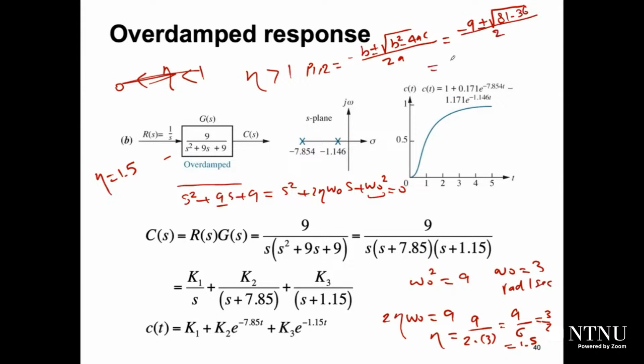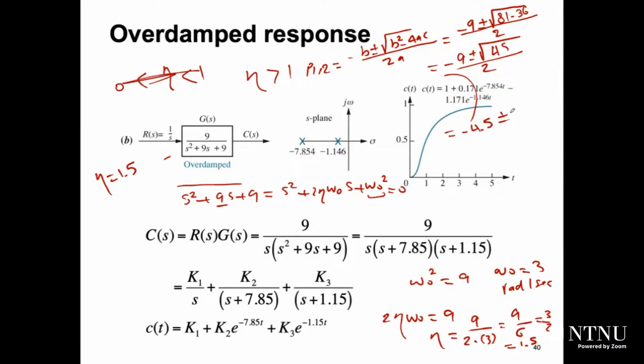So 81 minus 36 is 45, and minus 9 divided by 2 is minus 4.5.